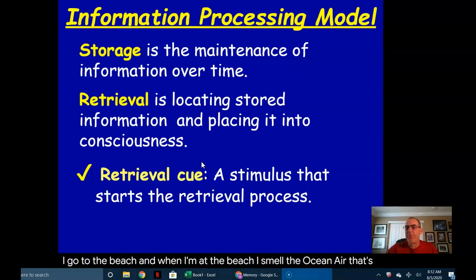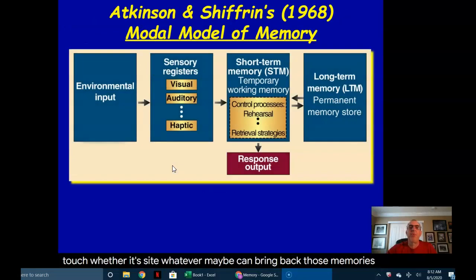Or maybe seeing the pier out in the ocean, or seeing the ocean waves, can bring back the same memory. Maybe the sound of the ocean can also bring back those memories. So any type of stimulus, whether it's olfaction, touch, or sight, whatever it may be, can bring back those memories. That's how the information processing model works.